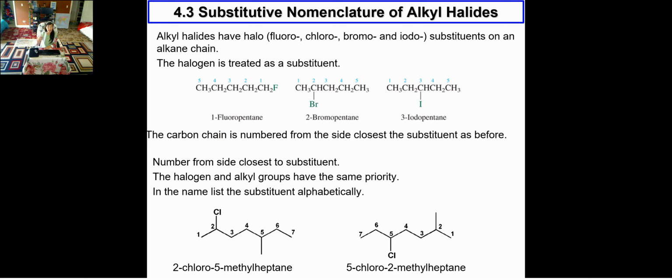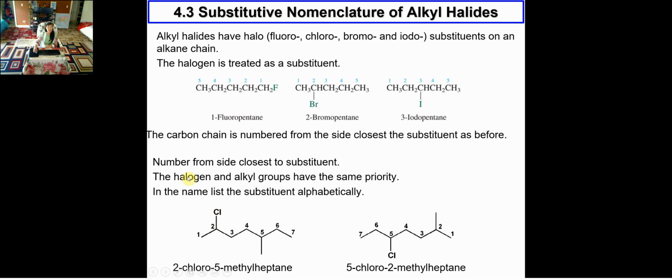So again, your longest continuous carbon chain is going to be the parent. You name it, and then you are going to find the side closest to the substituents, as what you did before for the alkane. If you have 2 different substituents, such as a methyl and a chloro, which one has the higher priority?